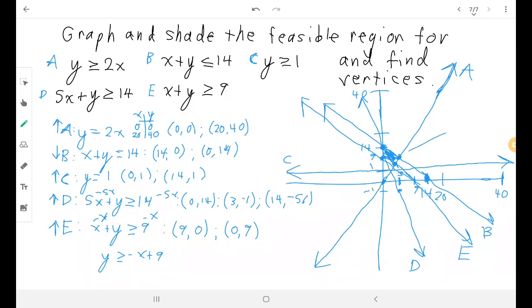So, like this one here is the intersection of A and B, so you would make sure that you do a system of A and B and solve that system. Okay, and that's what you do with each one. Wherever they intersect, you set up a system. All right, they're not even going to ask you that in this problem, but I wanted to bring it up and at least talk about it a little bit.